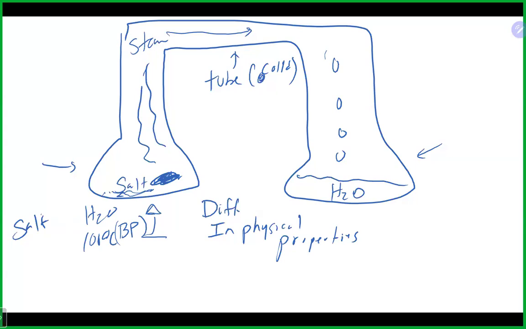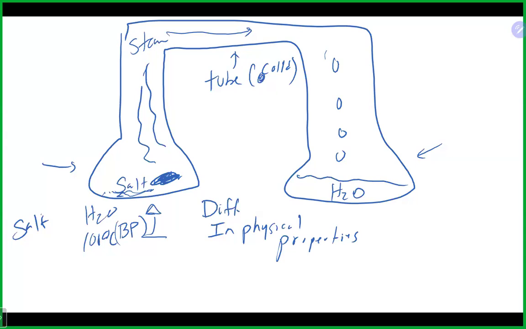There's a difference between the boiling points of salt and water, a difference in properties. So here we are using the differences in physical properties to separate out these two things, and that allows us to separate the salt from the water.